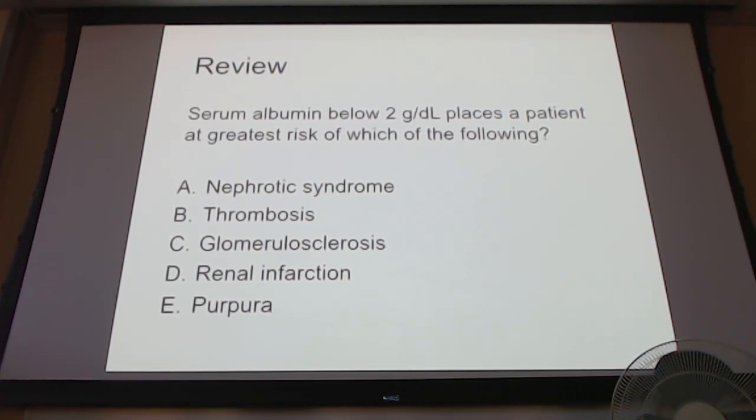No. Failure to thrive does not cause nephrotic syndrome. Does having a serum albumin below 2 increase your risk of developing glomerulosclerosis? No. And does it increase your risk of developing purpura? No.